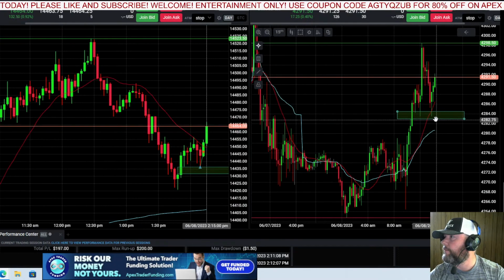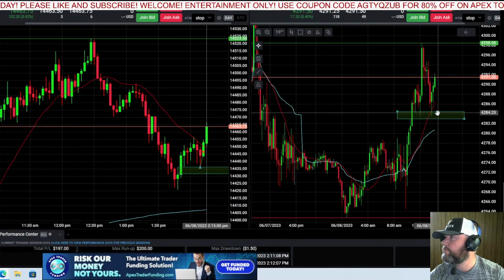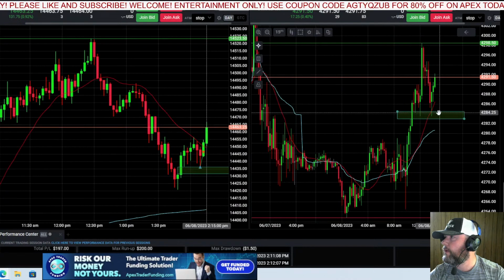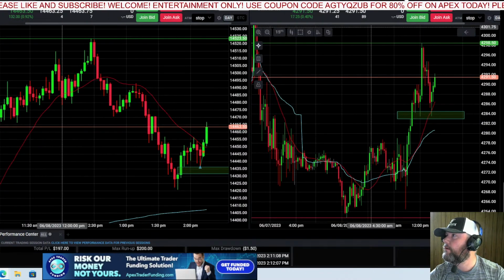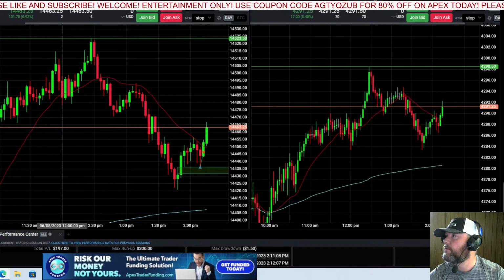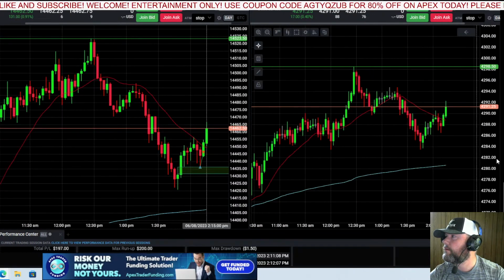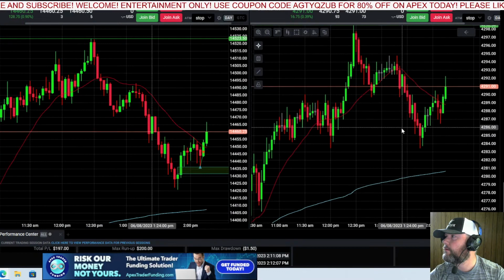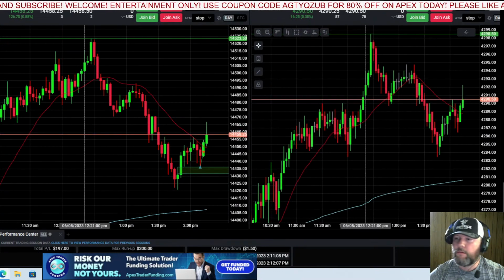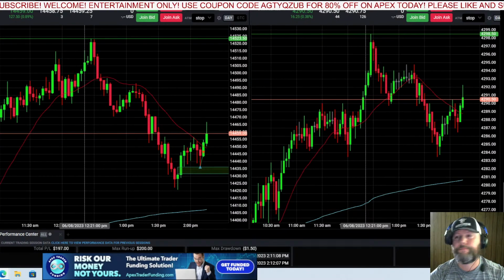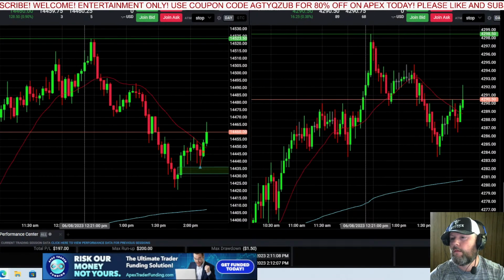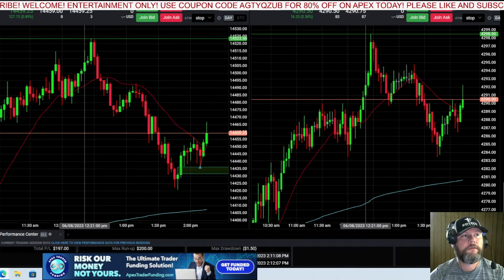So yeah, that gap is there, the 8450 area. On the 1 minute chart here, we got a nice little fair value gap formed on the ES.